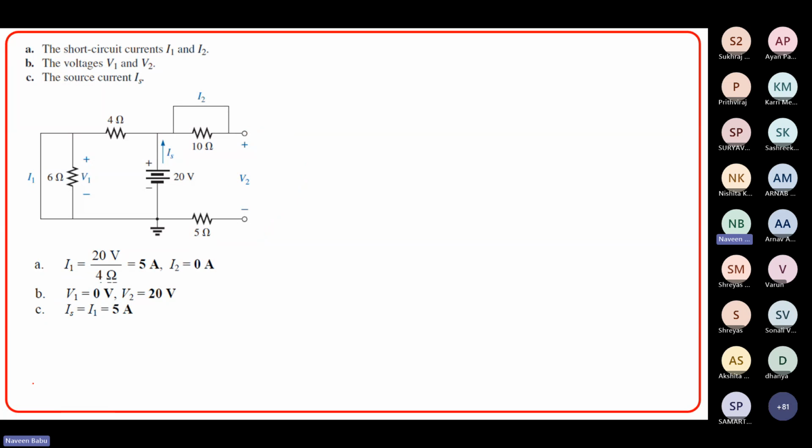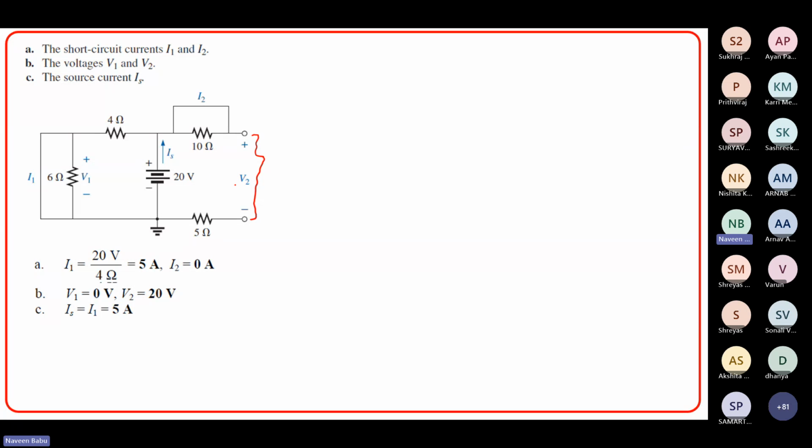But here, if you want to find V2, it is a terminal voltage, right? So this end is open. You need to find out the voltage across this. If you apply KVL, it is 20 minus drop across this minus drop across this will be equal to VT.